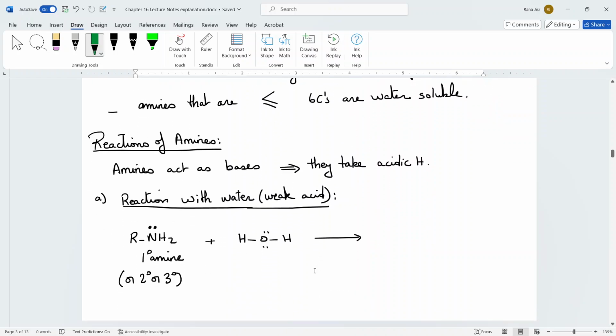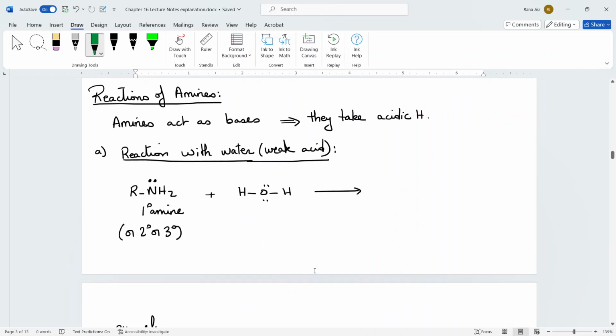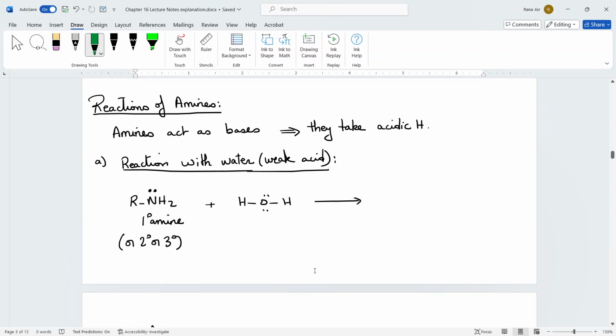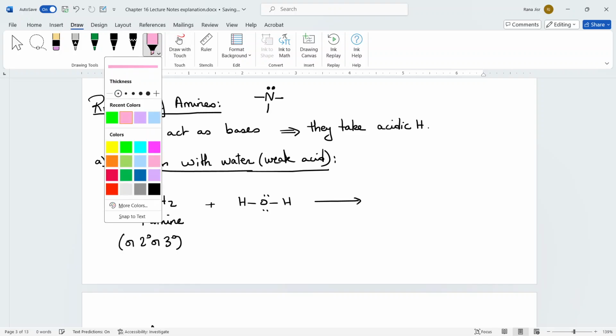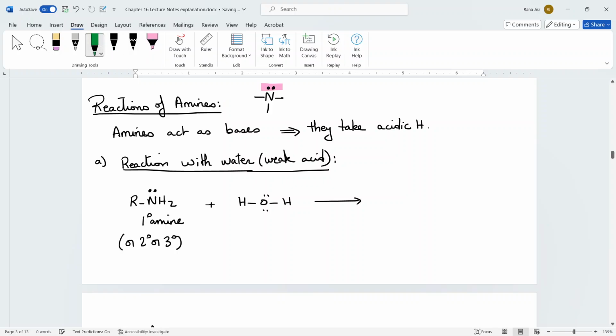Now, for the reactions of amines, the main reaction for amines is the acid-base reaction, because we know that amines have a nitrogen with 3 bonds and a lone pair. And we mentioned earlier that the lone pair is a sign of the nitrogen being basic.